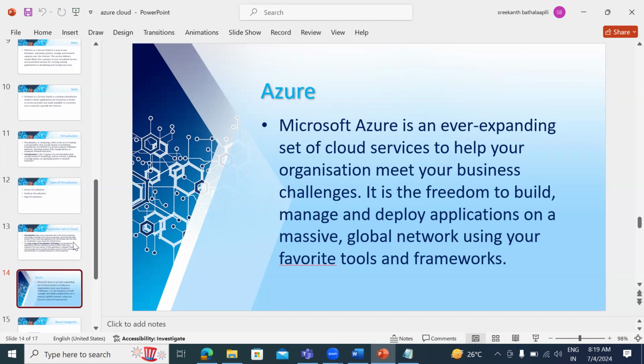The competitors are AWS and GCP. AWS has some advantages, Azure has some advantages, and GCP has some advantages. For our background, Azure suits better, which is the reason we are using Azure. But if they have AWS or GCP, that is also manageable.